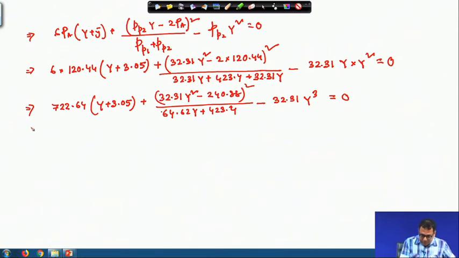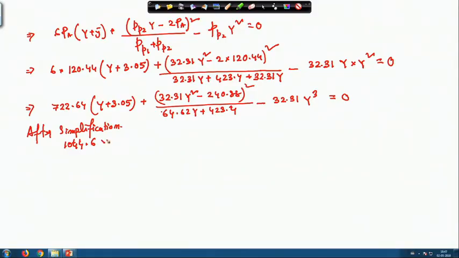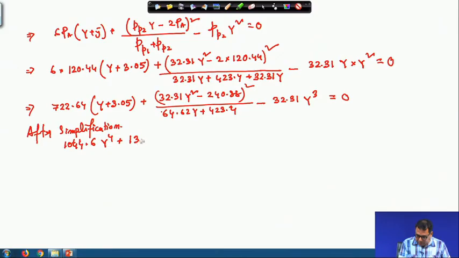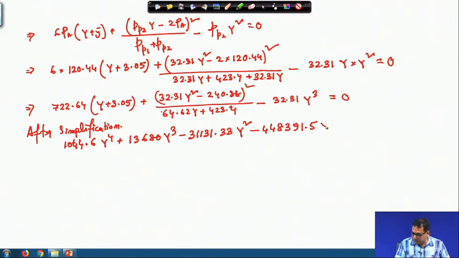So, after simplification, I can write 10446 Y to the power 4 plus 13680 Y cube minus 3131.33 capital Y square minus 44831.5 capital Y minus 991218 equal to 0.